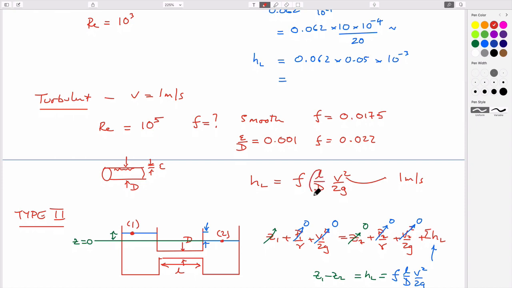So this term here was something like 10. This term here was 0.022. And this term here is 1 divided by 20, so this was 0.05.